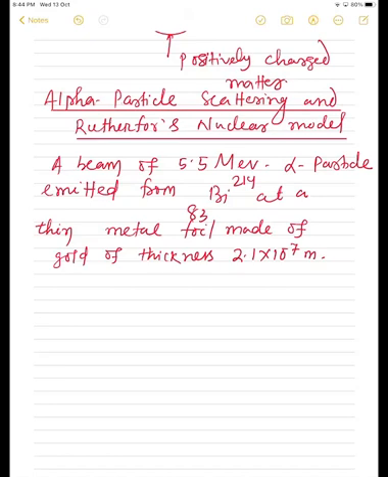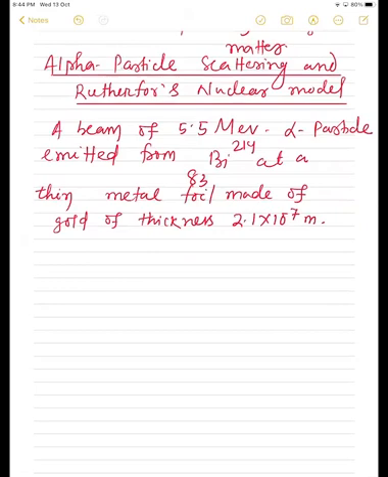What is the arrangement, students? Let's know the arrangement basics. Just draw it with me. These are the lead bricks, right?